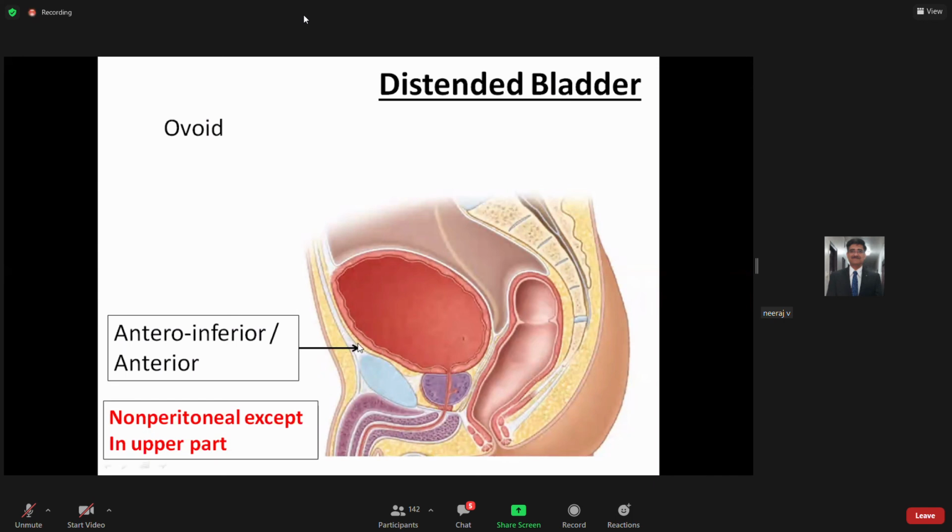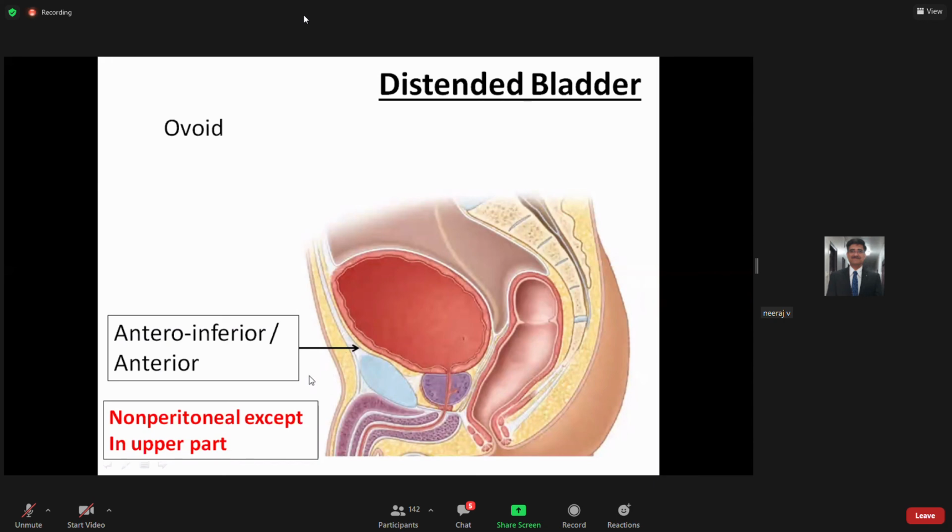This is the pubic area, and if a surgeon or physician wants to collect a urinary sample, the gold standard is to take the urine sample directly from a full bladder.